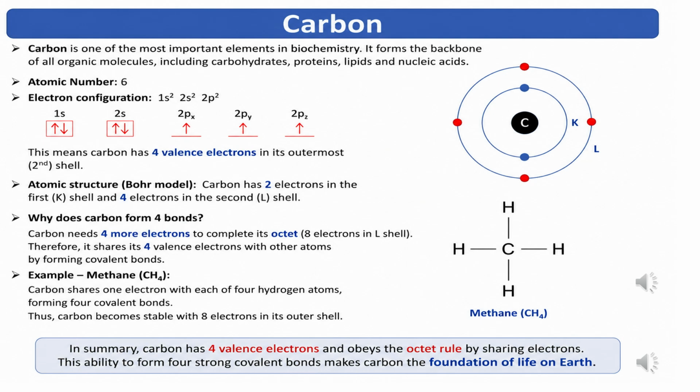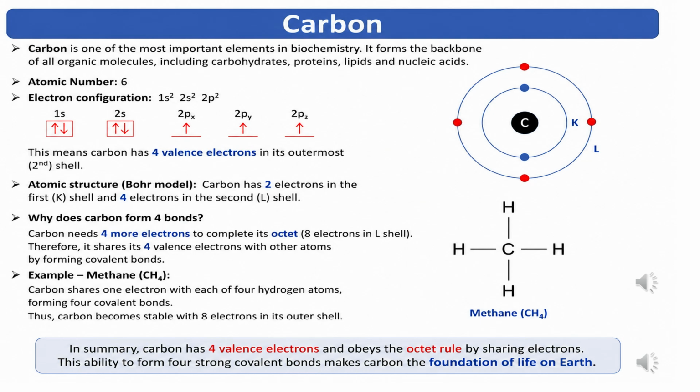At the bottom of the slide, the example of methane, CH4, is shown. Here, carbon shares 1 electron with each of 4 hydrogen atoms, forming 4 single covalent bonds. As a result, both carbon and hydrogen achieve stable electronic configurations.